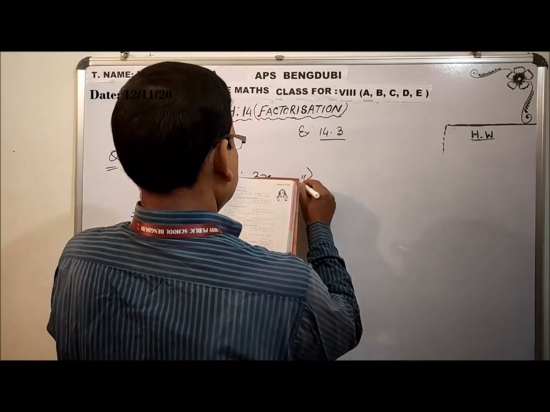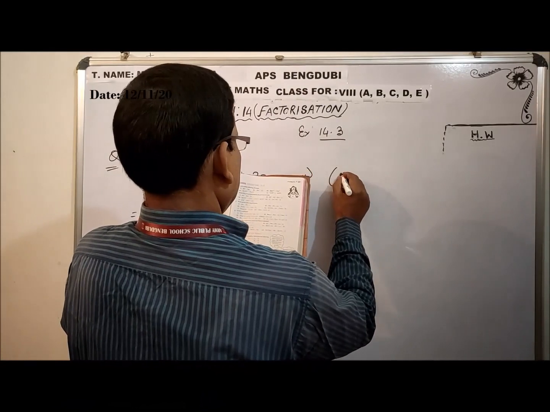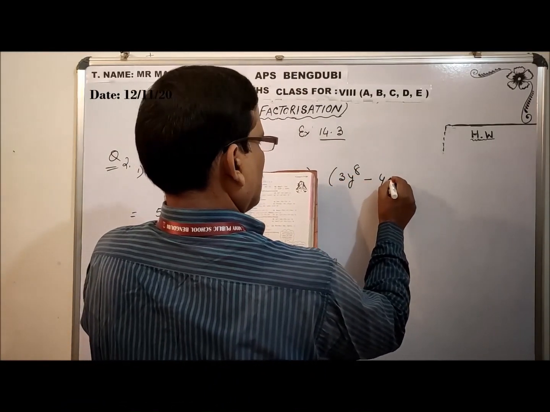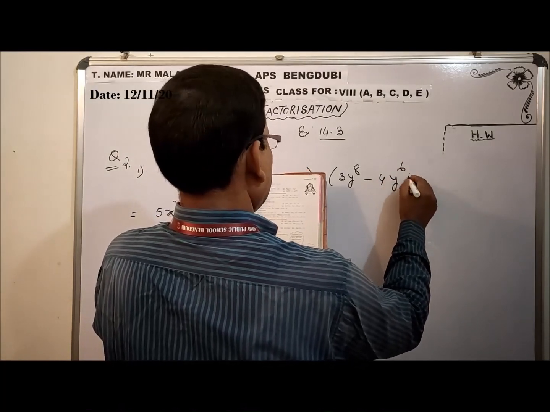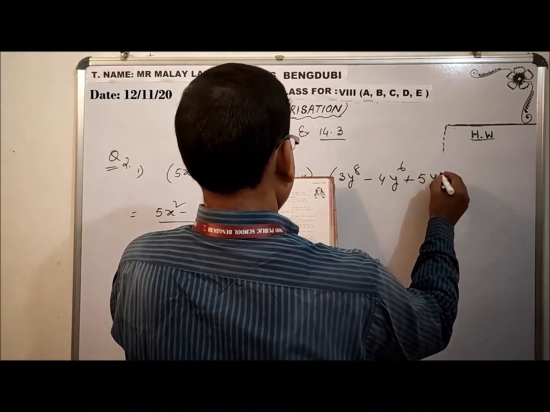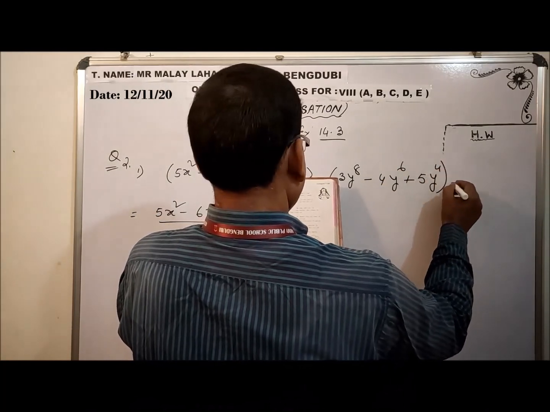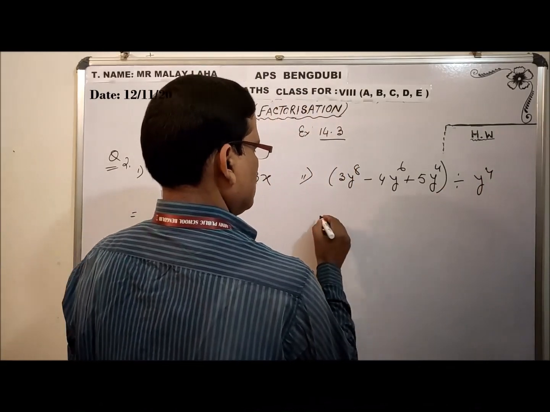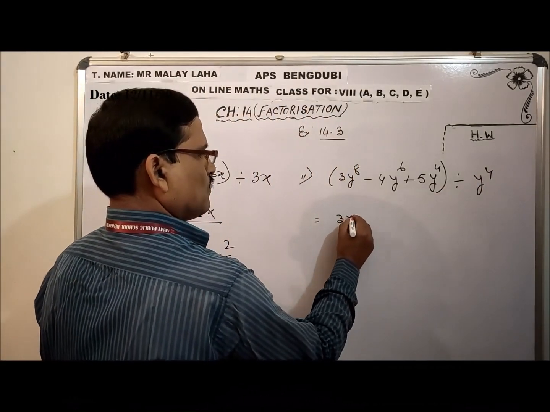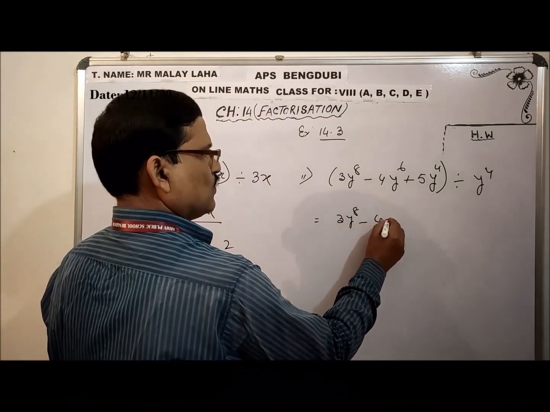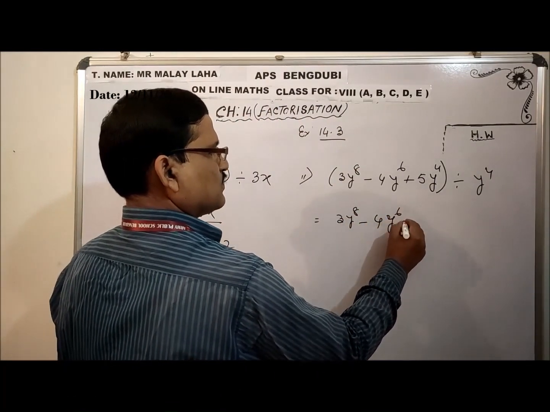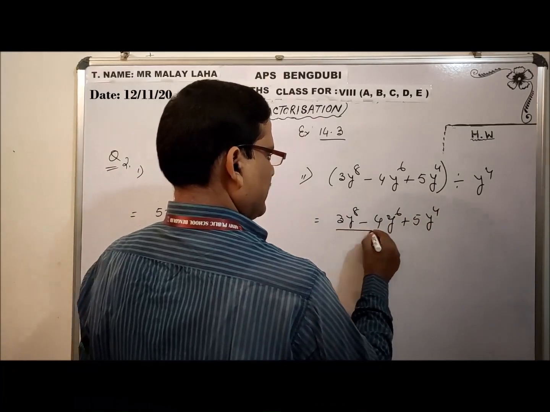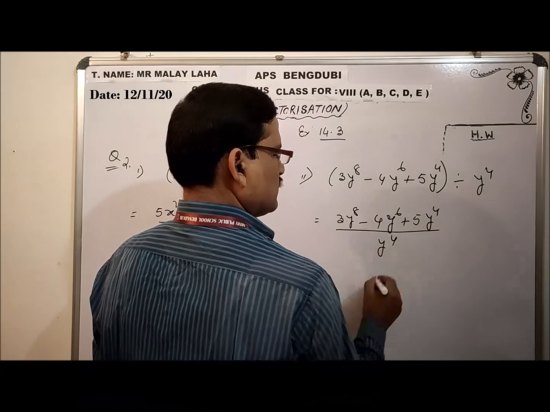Now number 2, 3y raised to 8 minus 4y raised to 6 plus 5y raised to 4 divided by y4. Very simple. So 3y raised to 8 minus 4y raised to 6 plus 5y raised to 4 divided by y raised to 4.